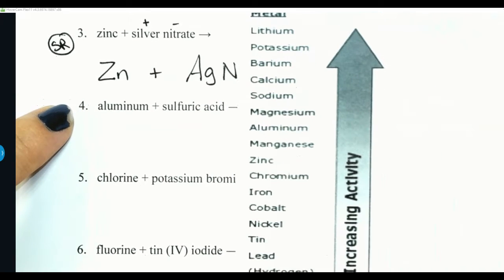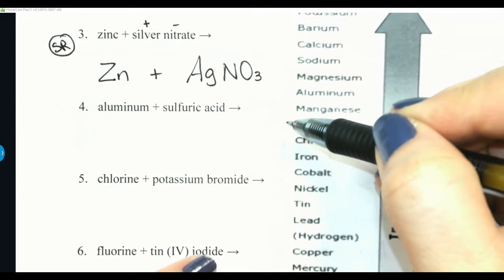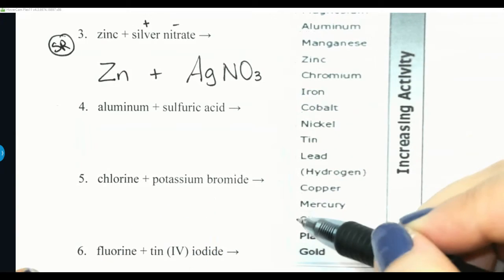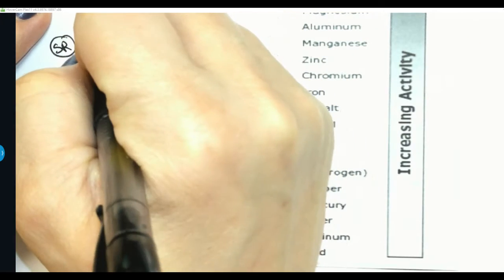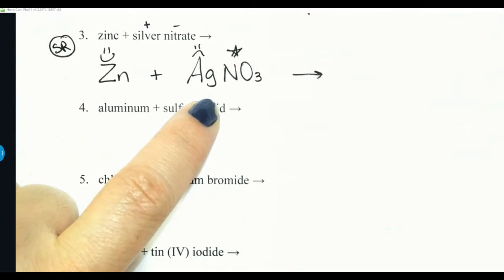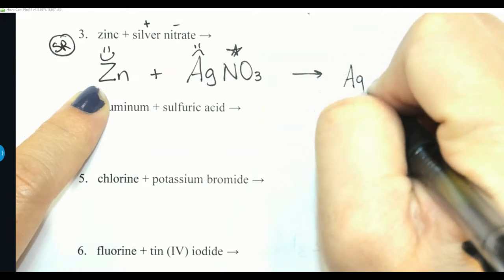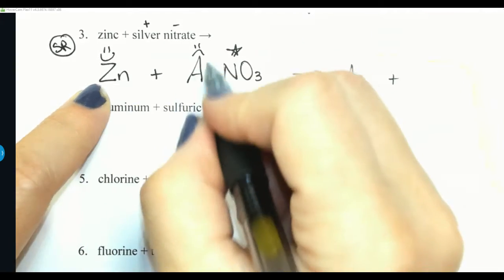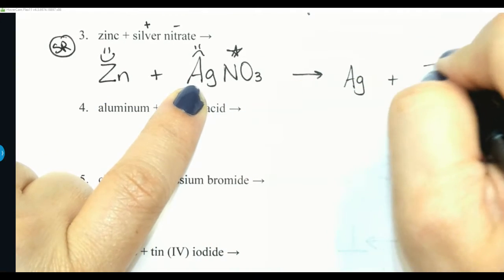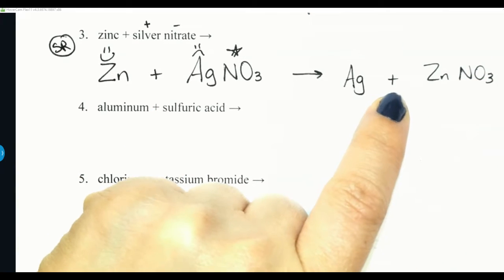So we're going to go look at the activity series, and you're going to see zinc is here and silver is down here. So this has my smile, this is the frown, this is the star. So we are going to switch the zinc and the silver. So silver becomes the single element plus zinc becomes the element with nitrate, and now I've predicted my products.